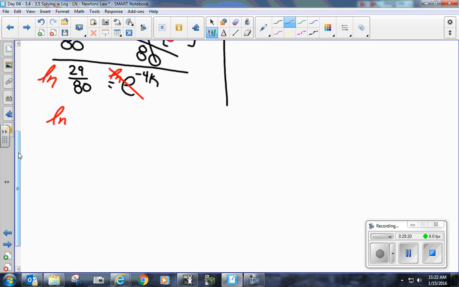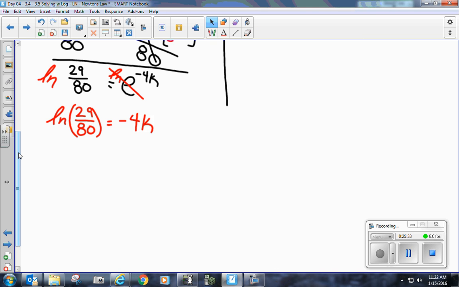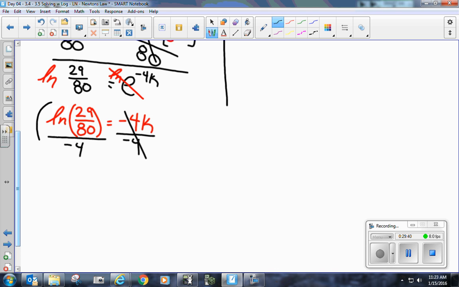But as you get good with this, you're going to realize you really can not write as much as I can. What's the last step to get k alone? Divide by negative 4. So let's put this in our calculator, and that's what k is going to equal.